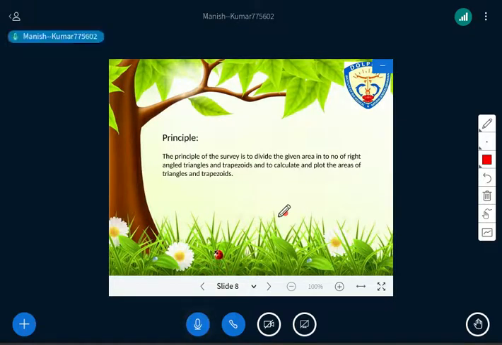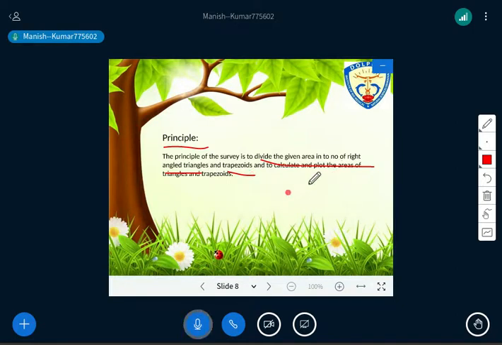Now, whenever you are doing the surveying part, what is the purpose? The purpose is to measure the area. So this is the principle that we need to use here. The principle is, we have to divide the given area into a number of right angle triangles and trapeziums, that you people have already heard as a mathematical figure, right?